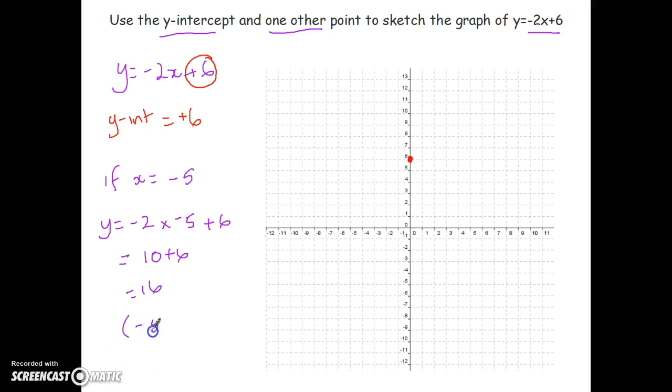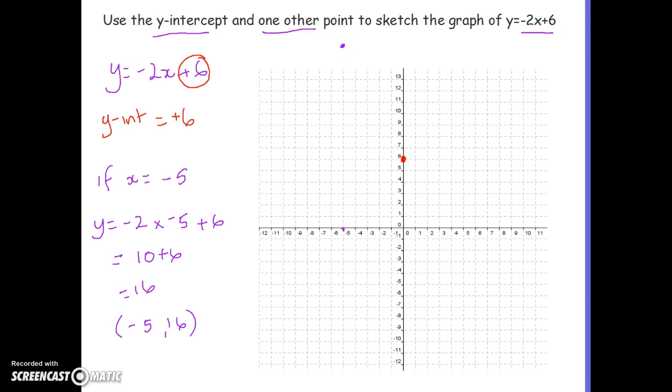So when x is minus 5, y equals 16. I shouldn't have chosen 16, but it's right up here somewhere. Get your ruler, join them up.